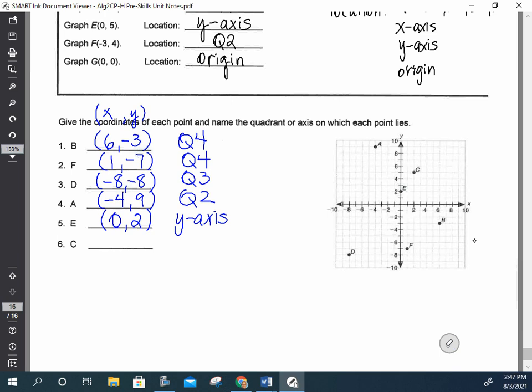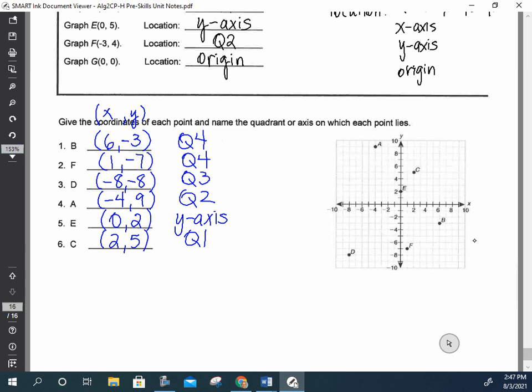And finally, point C. The x-axis is 2, the y-axis is 5. So (2, 5), which is in quadrant number 1. That's a standard quadrant number 1 for problem 6.